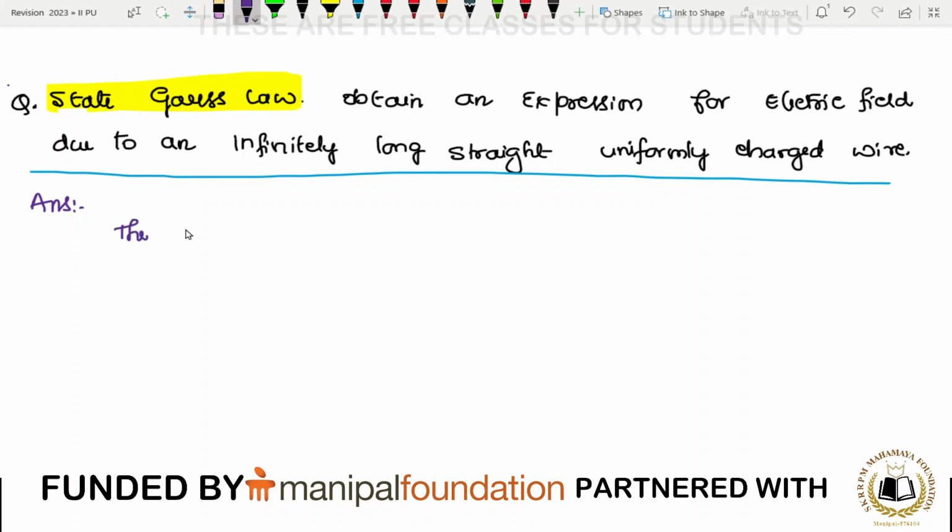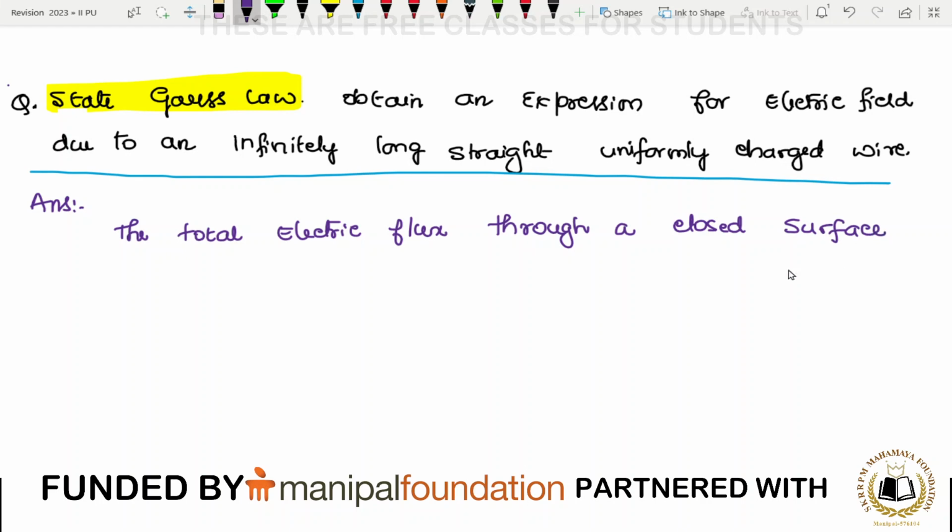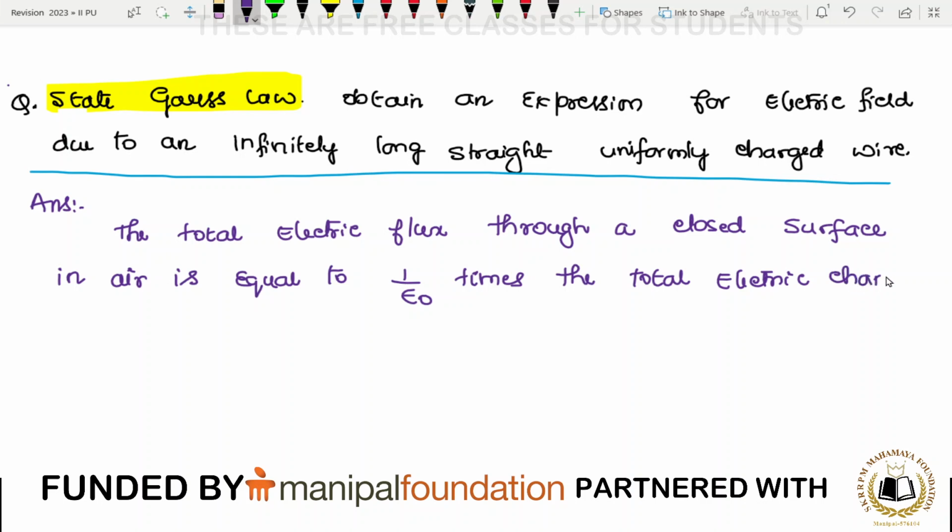The total electric flux through a closed surface in air is equal to 1 by epsilon naught times the total electric charge within the surface.